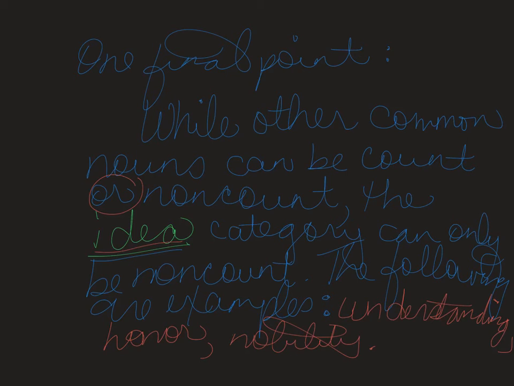But any of our nouns that fit into the category of idea are always non-count. The following are examples: understanding, honor, nobility. All of these are idea entities, okay? They make up an idea of something, okay?